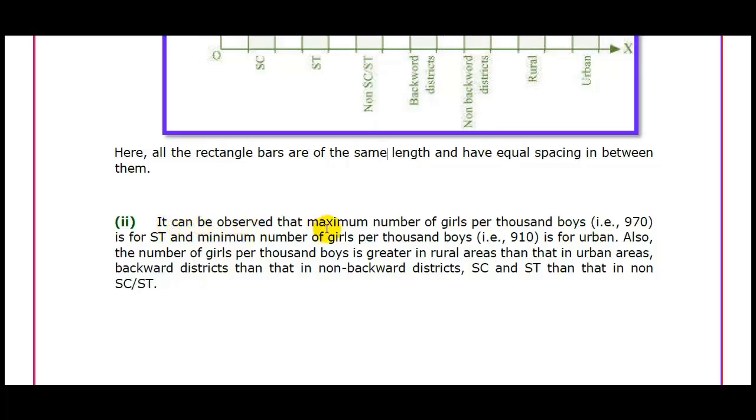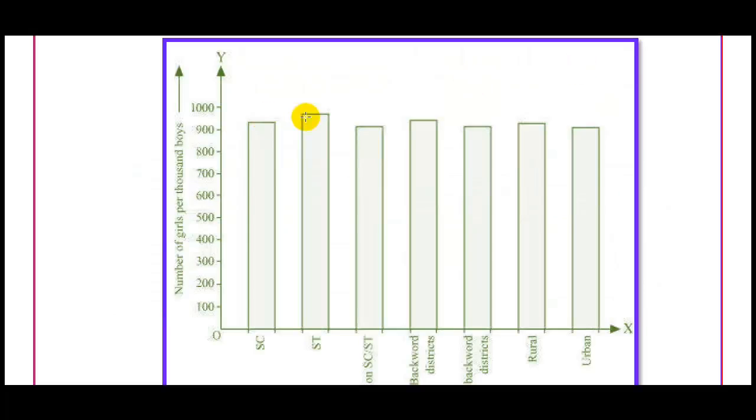It can be observed that the maximum number of girls per thousand boys, there is 970 for SD. SD has the maximum number of girls per thousand boys. As you can see from the graph, this SD has the longest bar.